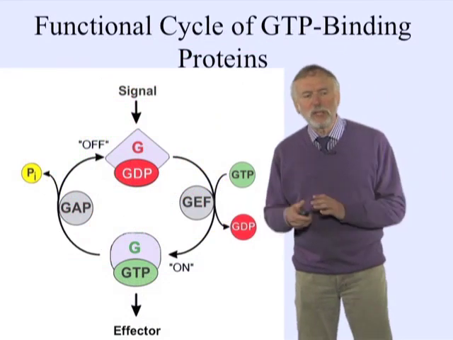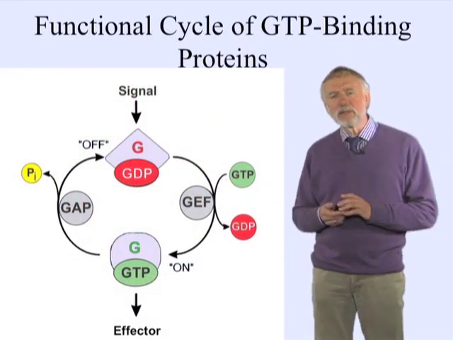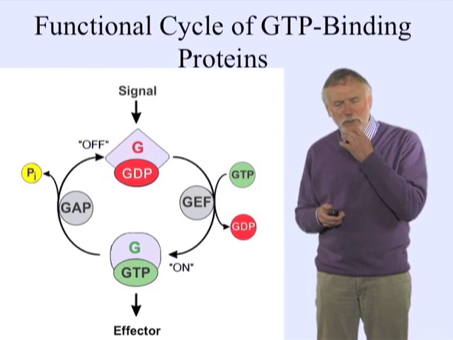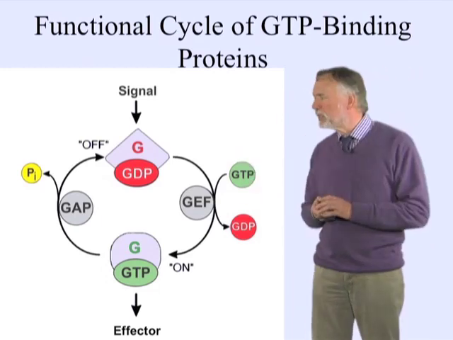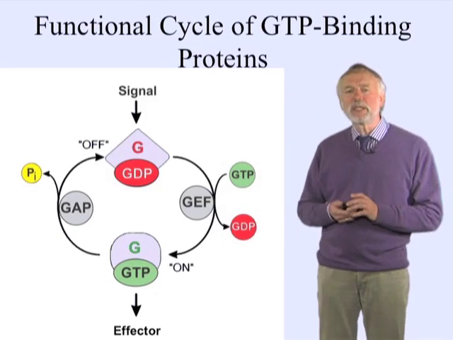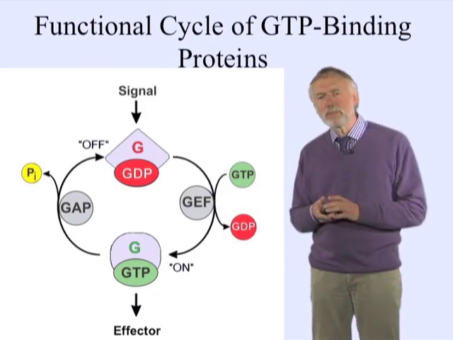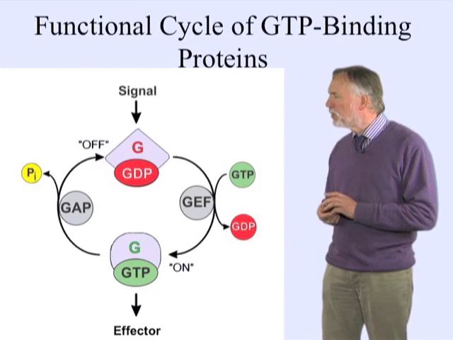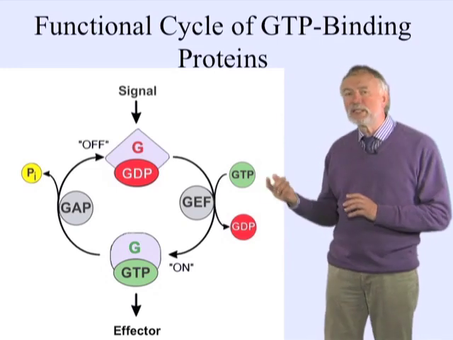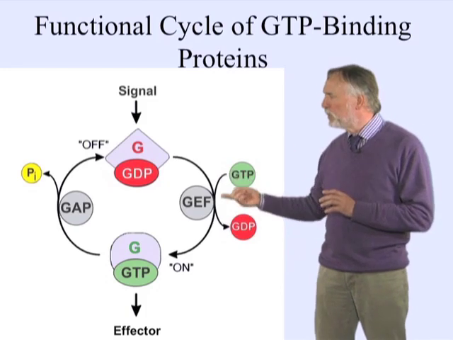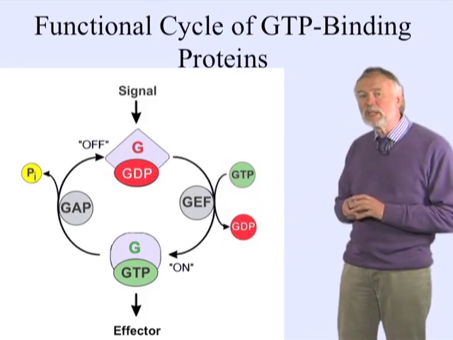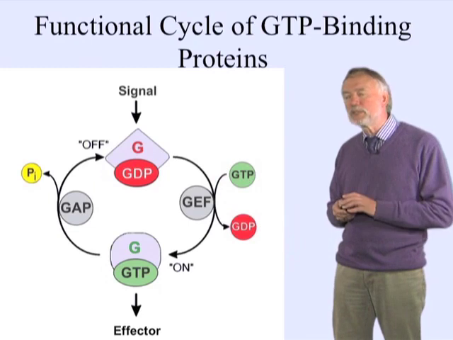So again, just briefly, the mechanistic cycle for these proteins: they come in two flavors, the GDP-bound and GTP-bound state. They have nucleotide bound very tightly. They need guanine nucleotide exchange factors to release GDP for GTP, because in the cell there is more GTP than GDP. That's why the protein becomes loaded with GTP once GDP is off.